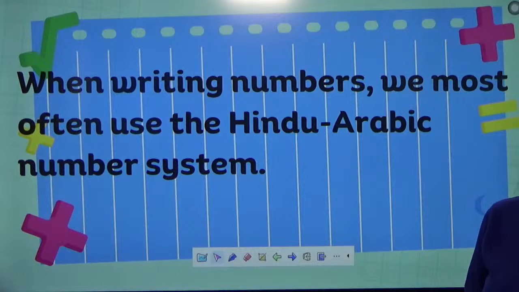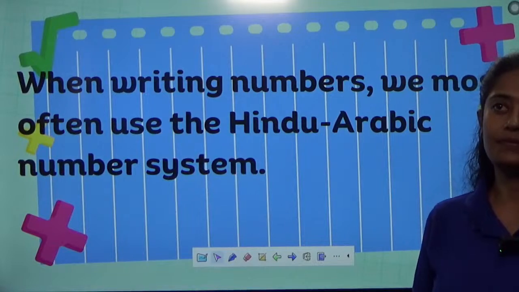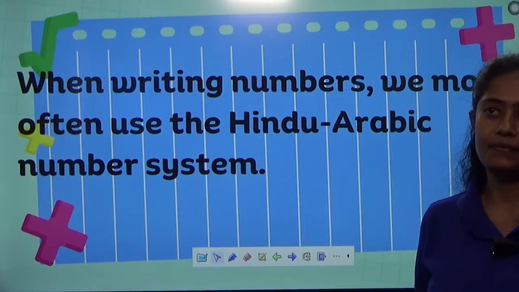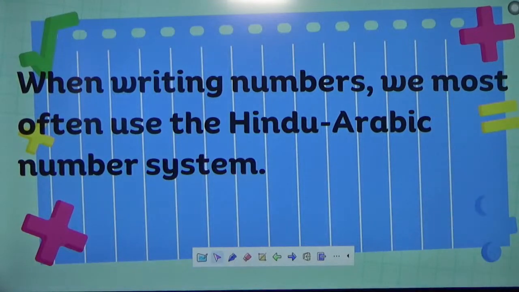When writing numbers, we most often use the Hindu-Arabic number system.